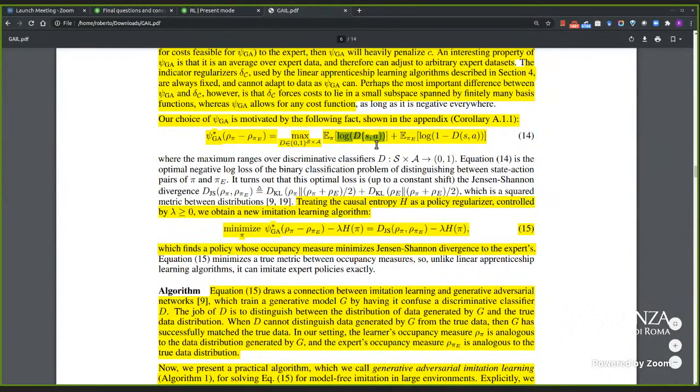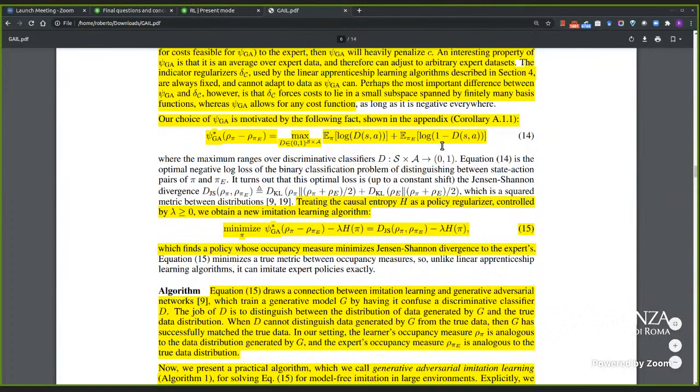So you want your discriminator to distinguish in the best way these two sets of data. If you don't recall how the log loss behaves, we can look at this in more detail.